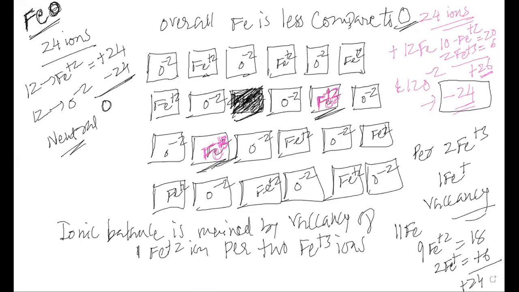This particular vacancy caused the ratio of Fe and O to be disturbed. So actually it was Fe1O1 that started becoming like Fe0.95O1, and this ranges from 0.93.